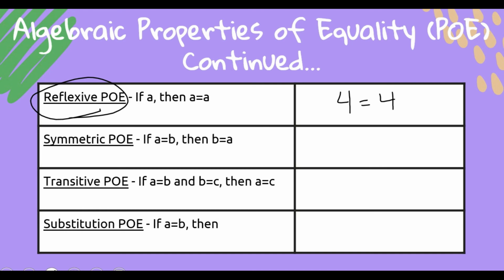That's pretty much it for reflexive property of equality. The symmetric property of equality states that if A equals B, then B equals A. So notice in the original statement, what they did to go from here to here is they just swapped B and A, and that's called symmetric property of equality.